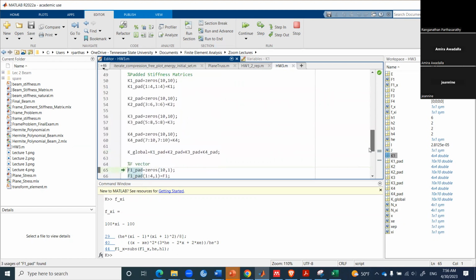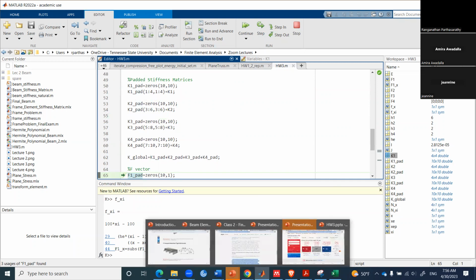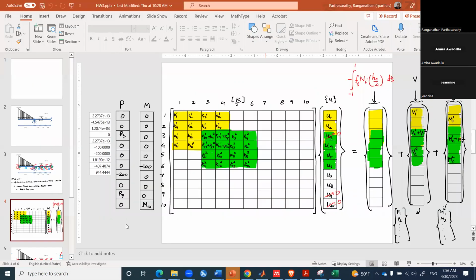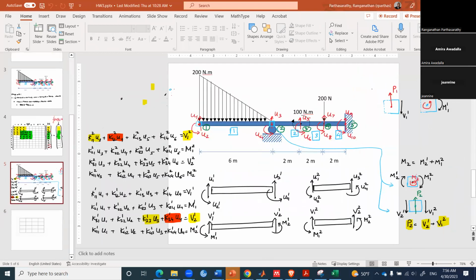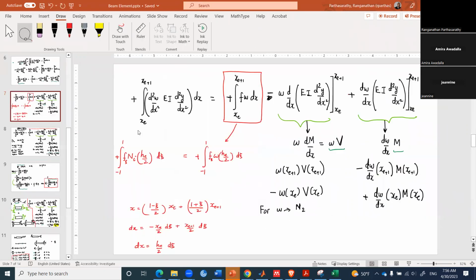Each of the distribution functions is 4 by 1. Like what I'm saying is, for each element, there are 4 interpolation functions, right? So we need to integrate for W is N1, for W is N2, for W is N3, for W is N4, right?